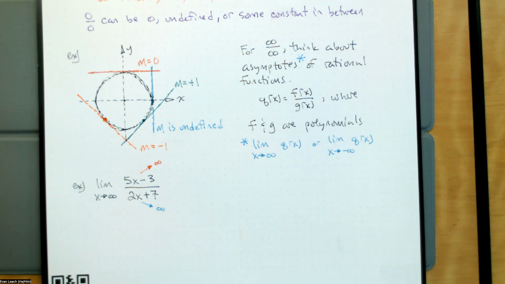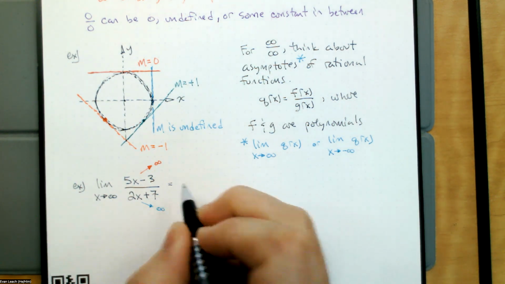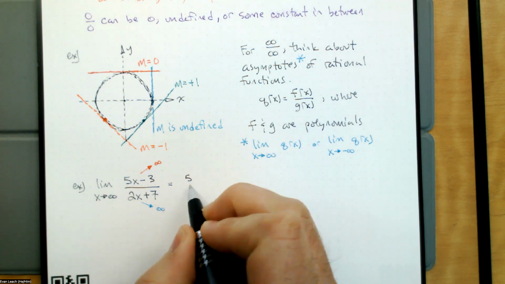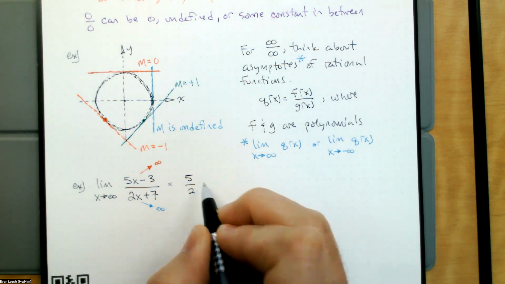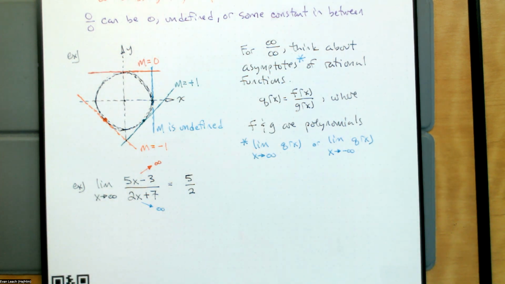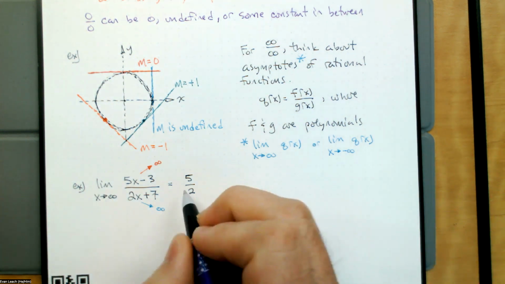So really what we're looking at here for large values of x, the only thing we care about is 5x on top and 2x on the bottom. That's how we think about this limit and come up with 5/2. Forget the -3, forget the +7. These are pretty much the same order of magnitude. Top and bottom have the same order of magnitude.